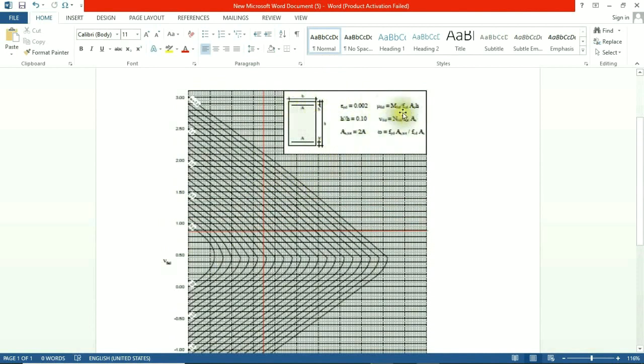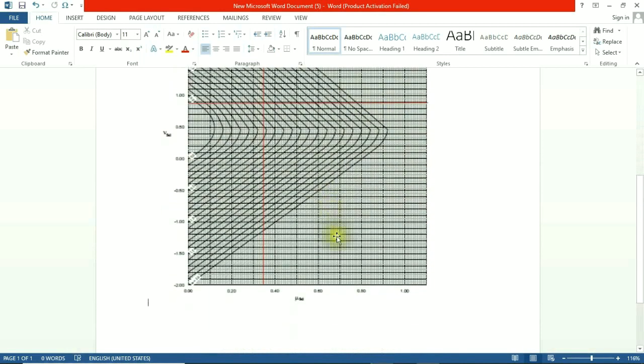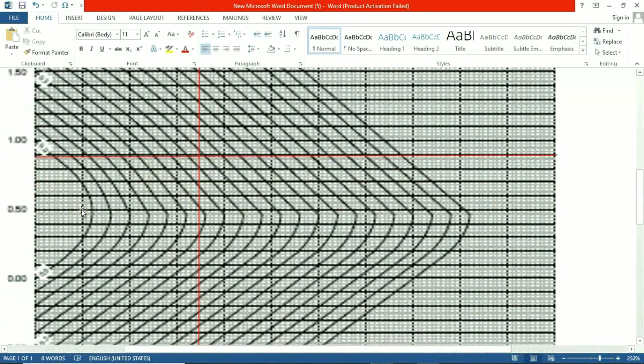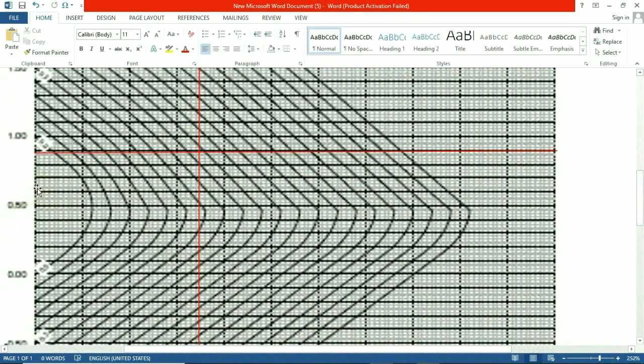It is the formula of mu SD and VSD. So we calculate mu SD and VSD. In our case, VSD is equal to 0.88235. VSD is equal to 0.88, which means 0.5, 0.6, 0.7, 0.8.